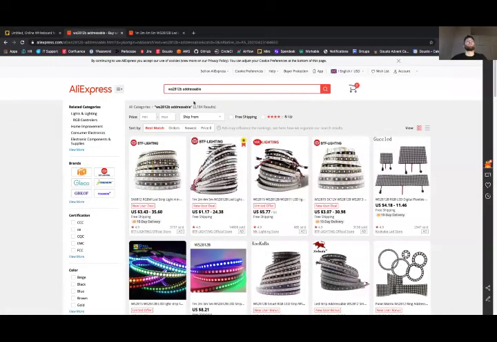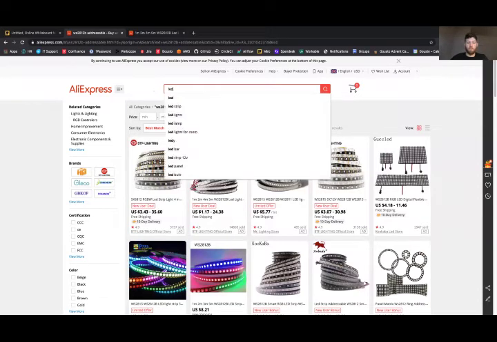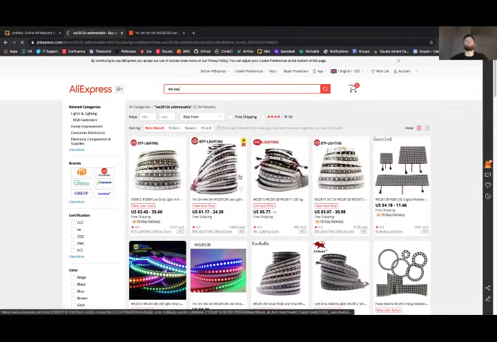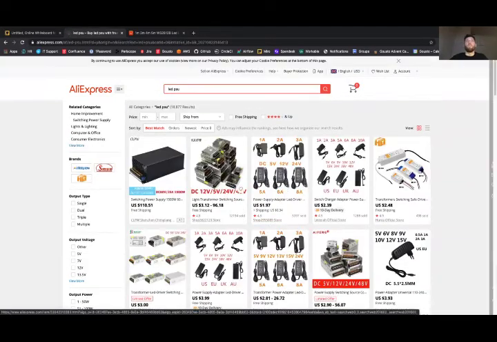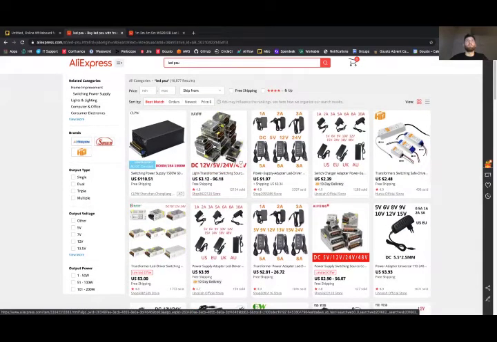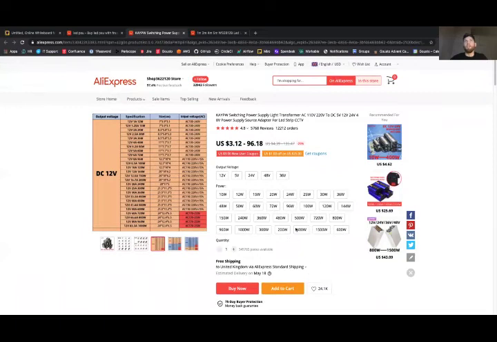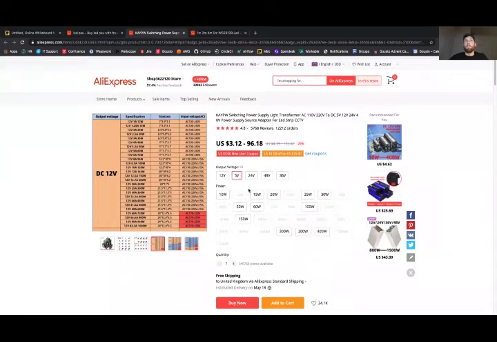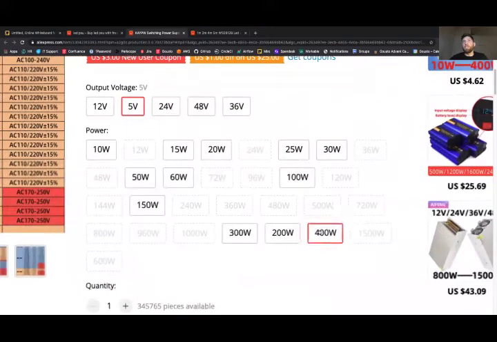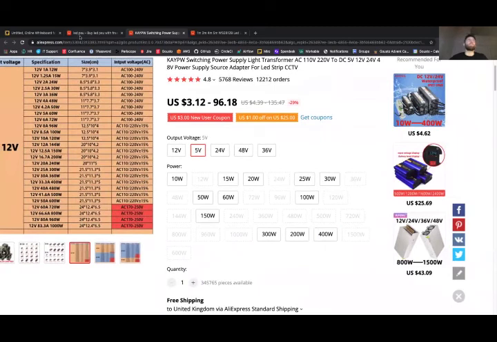Okay, let's go and search for a PSU. What are the options? Let's have a look at this. It looks like they've got many different options. So if we choose 5 volts, the biggest PSU we can get is a 400 watt PSU. Isn't that quite surprising?